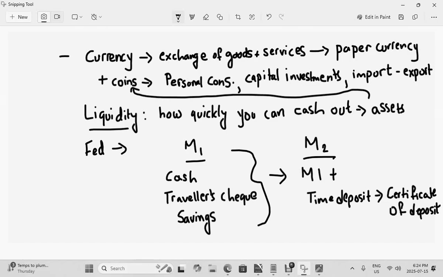On top of your certificate of deposit, it also covers money market funds, which are sort of like your ETFs or mutual funds, and we're going to talk about those as well.